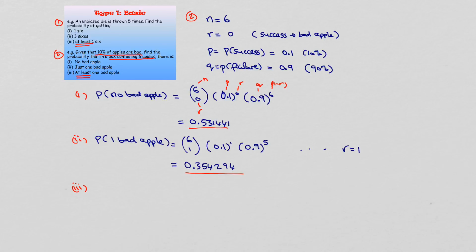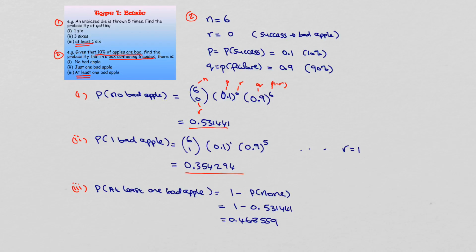So therefore, again, for our probability of at least one bad apple is equal to 1 minus the probability of none. Now, of course, we've already worked that out in the first part of the question. So it's just 1 minus 0.531441, and that gives us 0.468559.